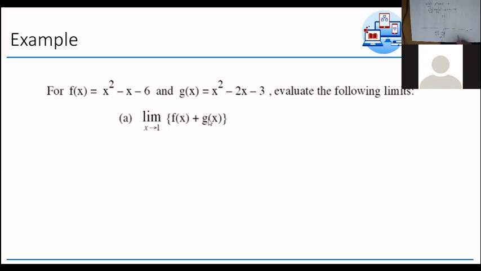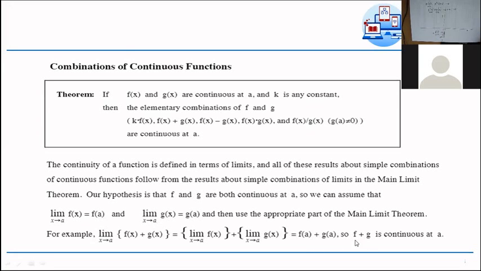Okay? And if we're going to add these two, pag in-add po natin yan, our answer is negative 10. So, ibig sabihin, if we're going to connect those points, 1, 2, 3, which means our function is continuous po siya. Yun po yung sabi po dito, f plus g is continuous at a, which is your a is equal to 1.